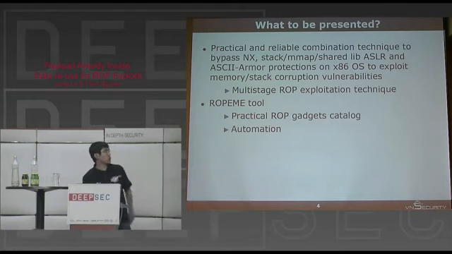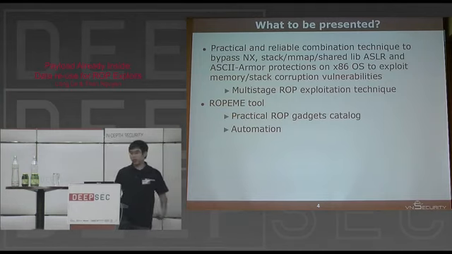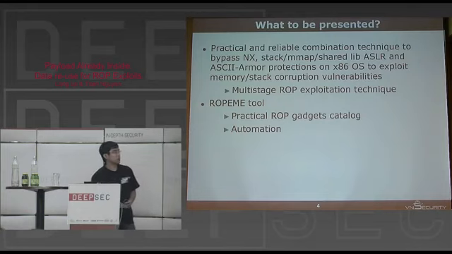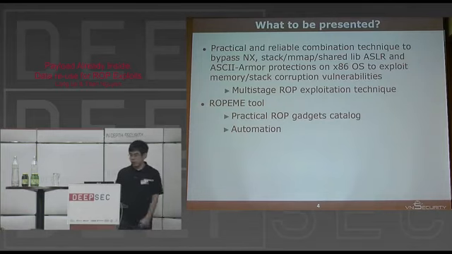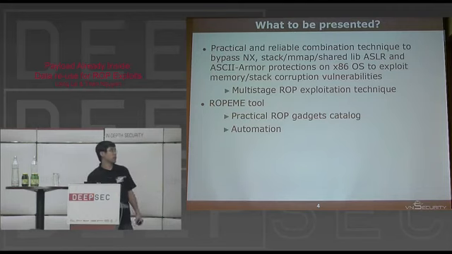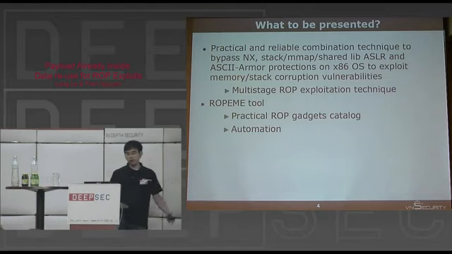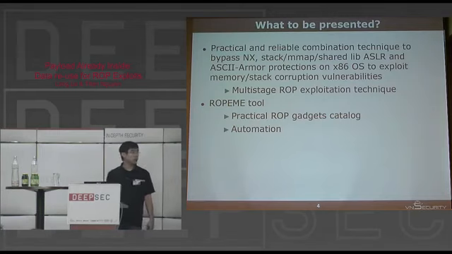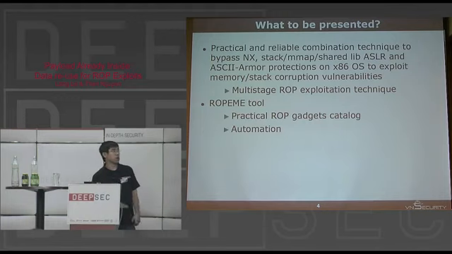So in this talk, we propose and talk about one practical and reliable way, with a combination of multiple different techniques, to bypass NX, stack memory mapping, shared library ASLR, and ASCII armor protection on x86 operating systems. Basically, our demonstration is based on Linux, but we have working stuff for BSD, Linux, Mac OS, and the upcoming one is also Windows.